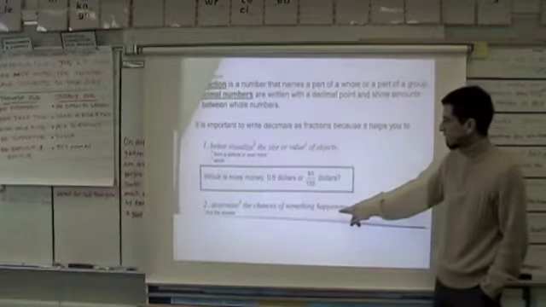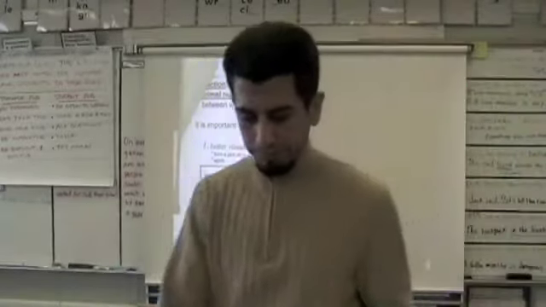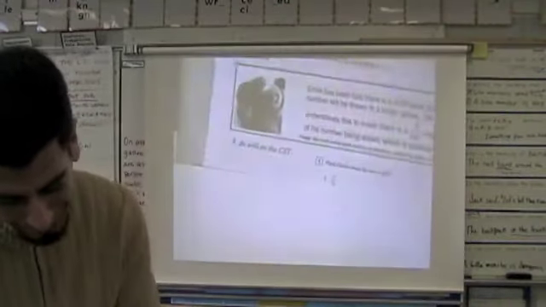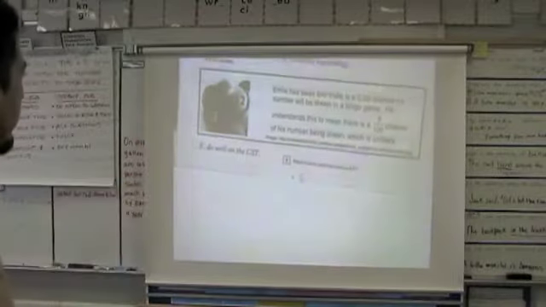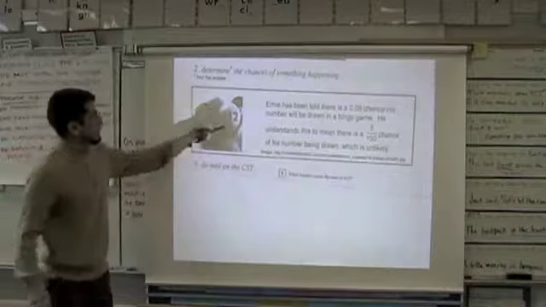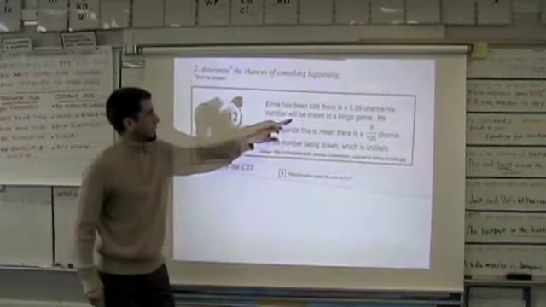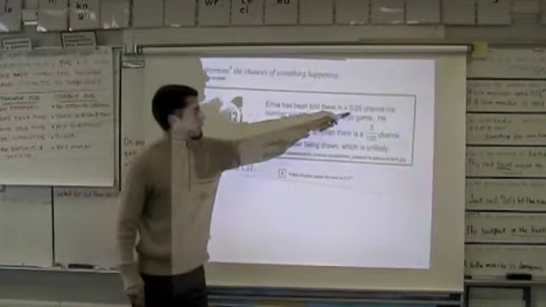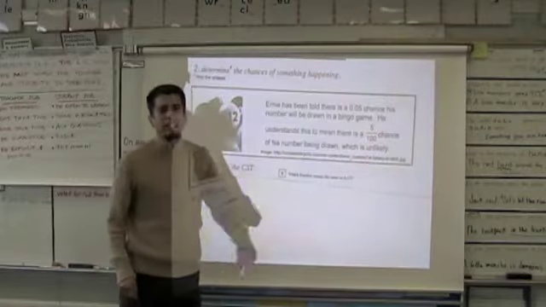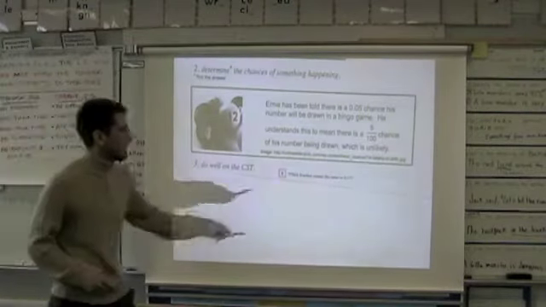All right? It can also help you determine the chances of something happening. For example, what color pen am I holding up? Blue. If you're going to follow, you have to look. So for example, Ernie has been told that there's a 0.05 chance his number will be drawn in a bingo game. He understands this to mean that there's 5 out of 100. 5/100ths of a chance, which is unlikely.